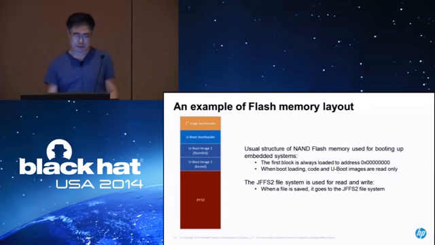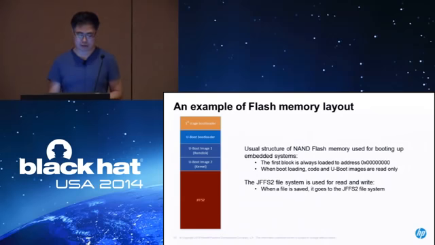So from block 0, the first stage bootloader will be placed, because when an ARM CPU boots up, the microcode inside there will actually look for some boot devices. If it finds the NAND flash memory, it will just pass the control to the first page of the first block of the NAND flash.